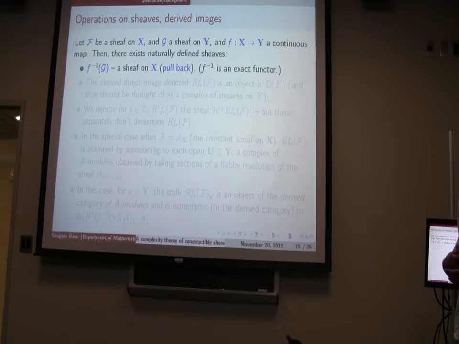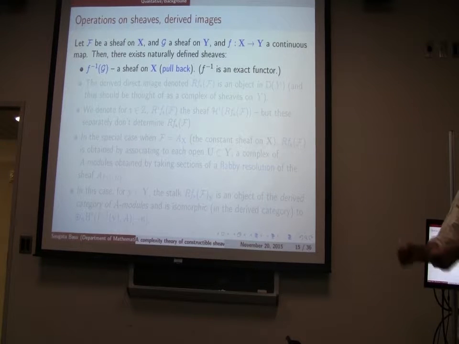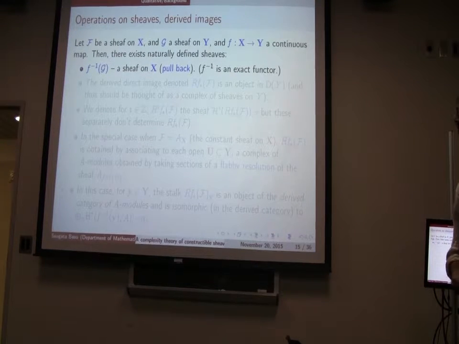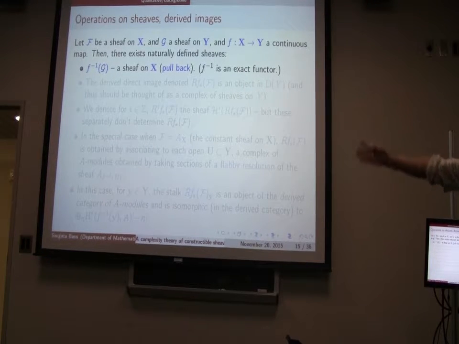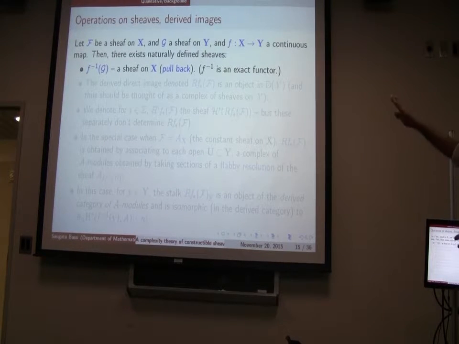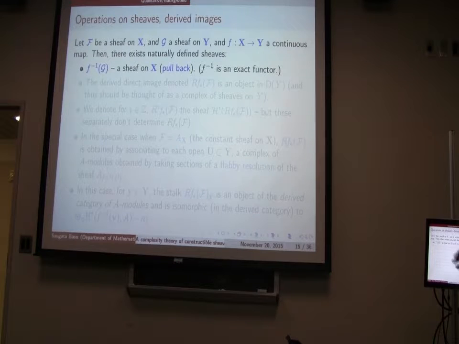So taking inverse images is simple, pushing forward complicated. And we will see that this persists for sheaves. For example, F inverse is an example of an exact functor.